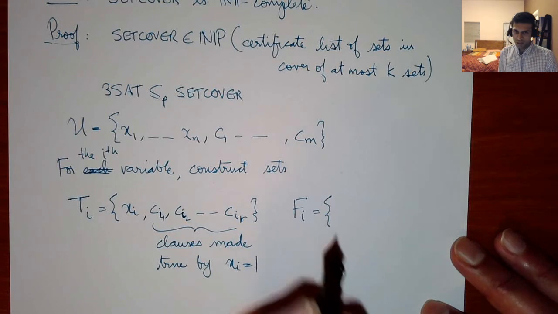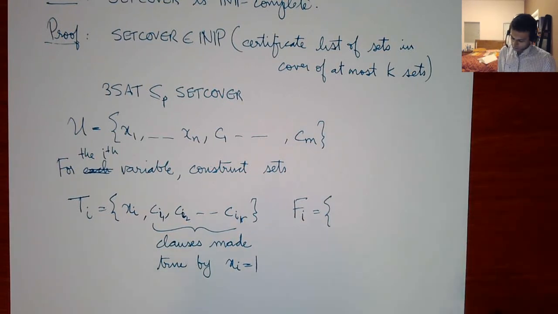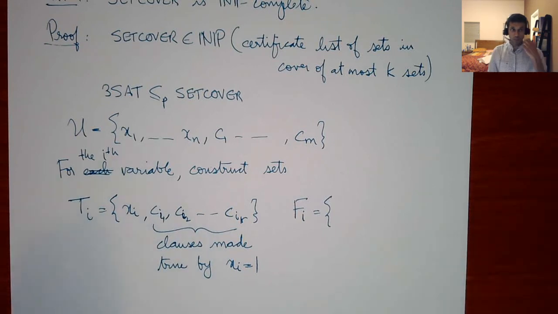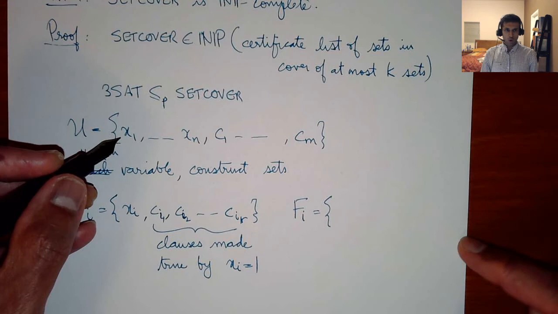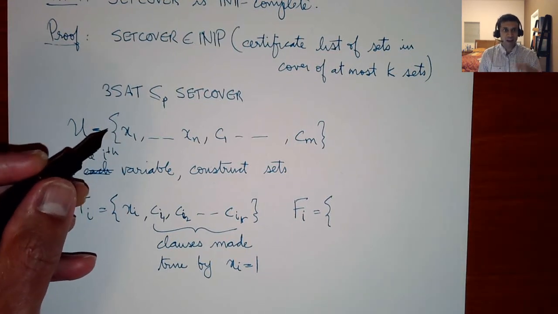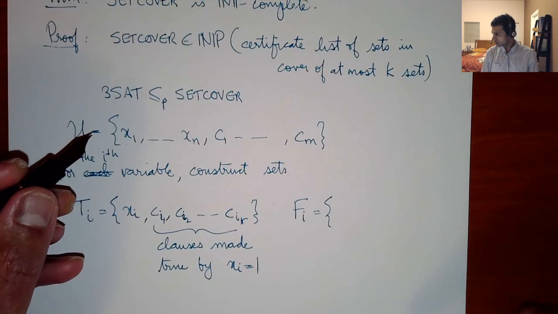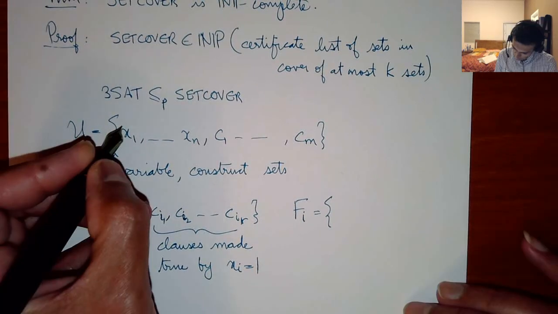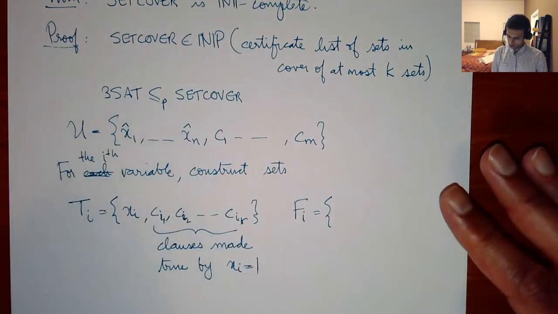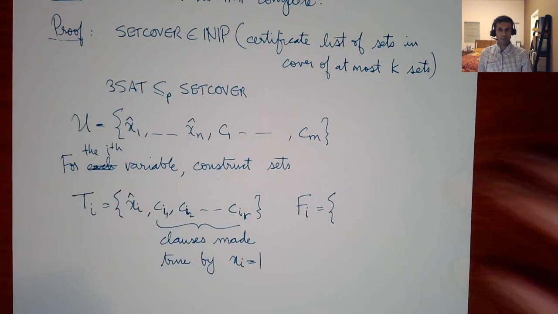F_i is, this is somewhat poor notation on my part because I'm overloading x_i being the variable and an item in the universe. So I'm just going to put a hat over there to denote that it's just an element of the universe.